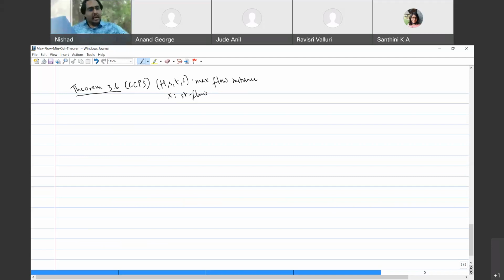And we want to prove the following: if there does not exist an X incrementing ST path, then, so I'm going to keep some gap here. The main claim I want to make is that X is a maximum flow. Okay, so this is the main thing we are trying to prove. We will also be more specific and fill up this missing space.